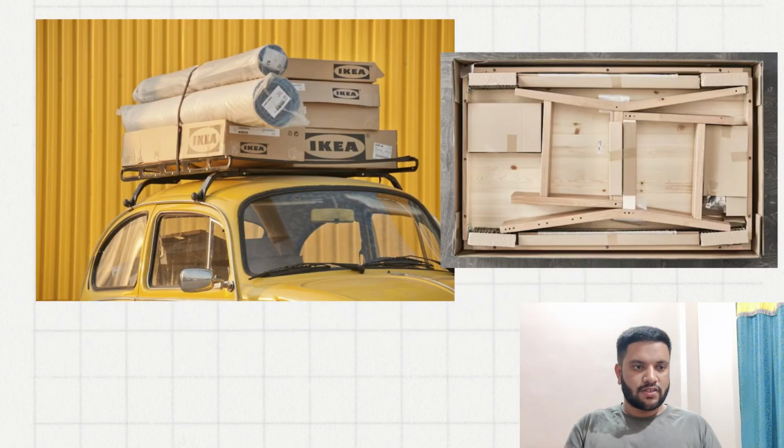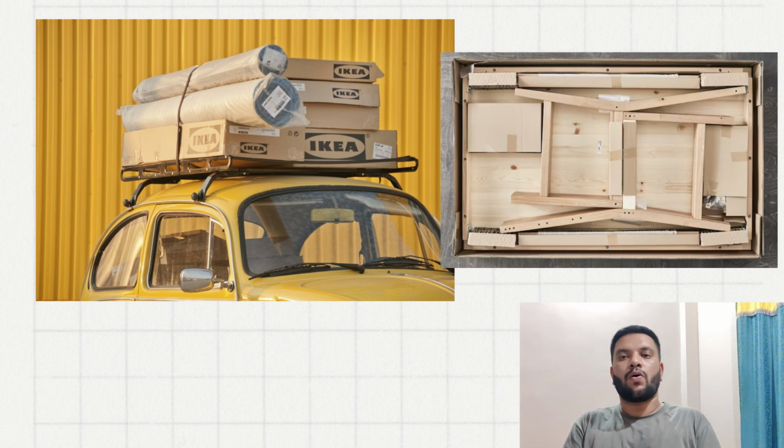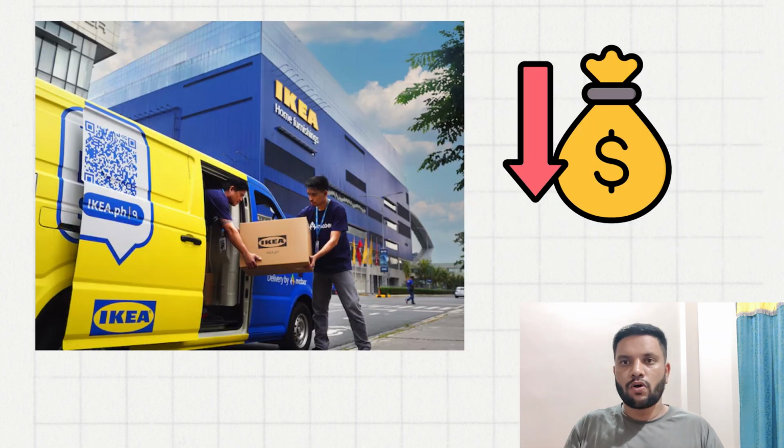It's not just easy to carry, or you think they are doing it so we can easily take it home in our personal car. They have introduced flat pack furniture to reduce the actual cost of the furniture by saving the expenses in transportation and also saving the assembling expenses in the manufacturing process.